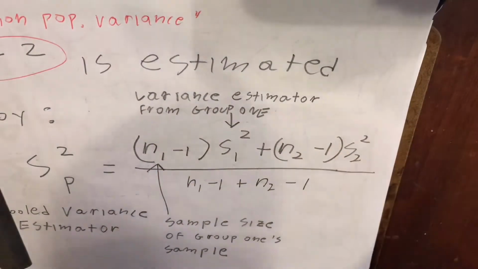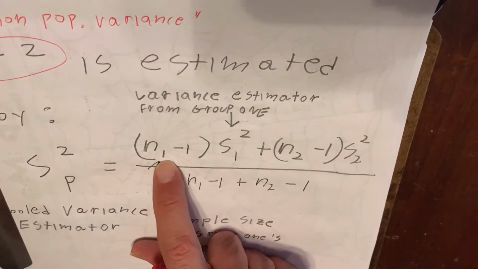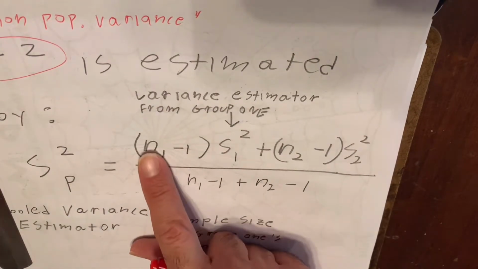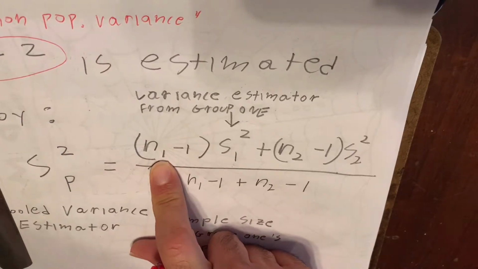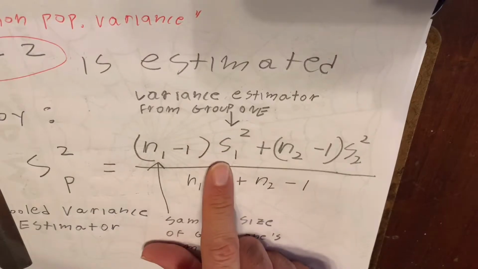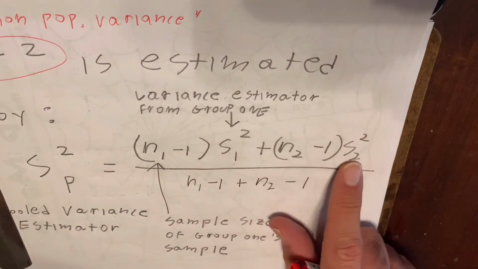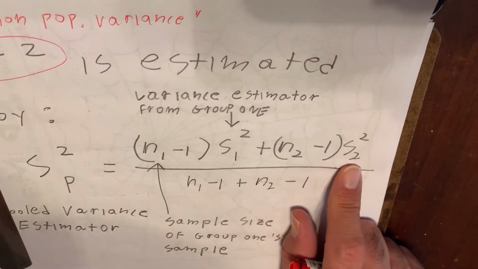But with the warm-up exercise, this n sub 1 means the sample size from the sample of the first group. And this is the sample variance from the sample from the first group. This is the sample variance from the sample from the second group.